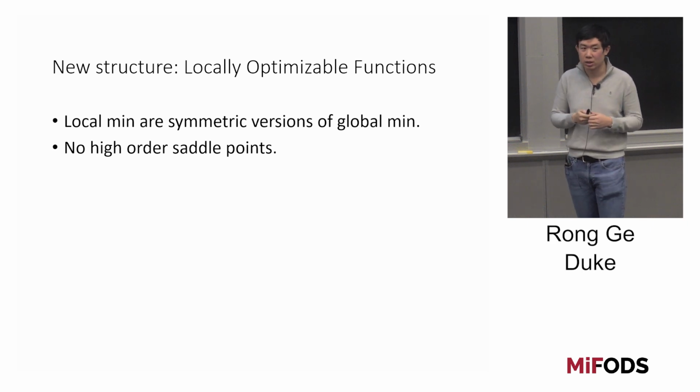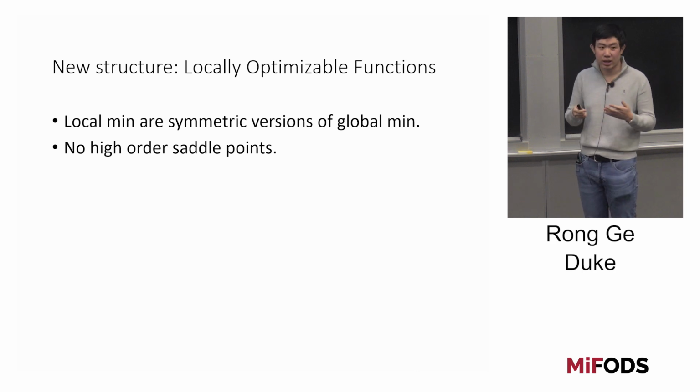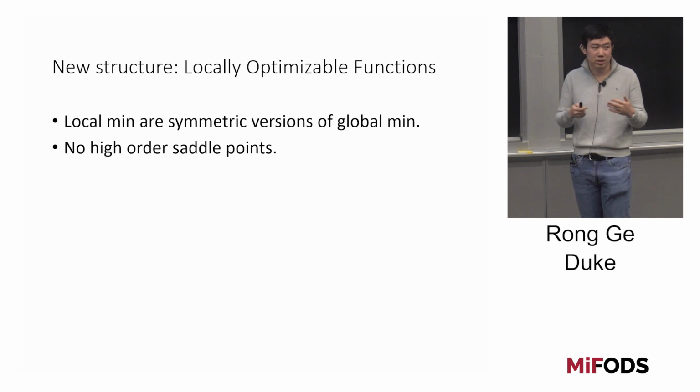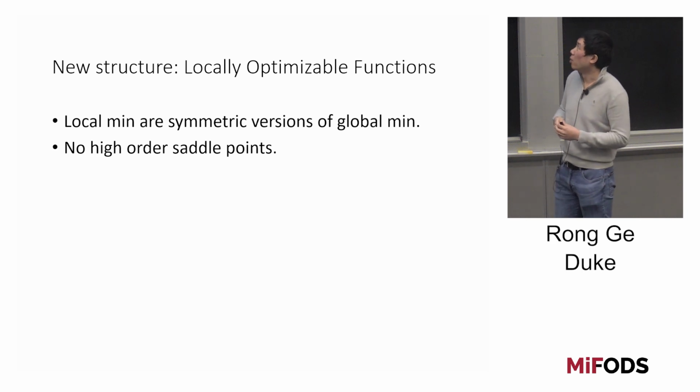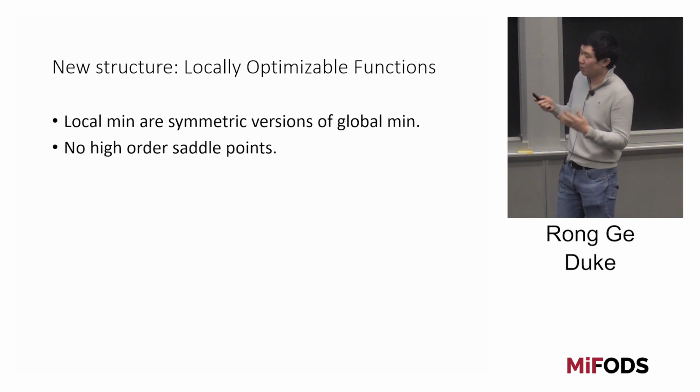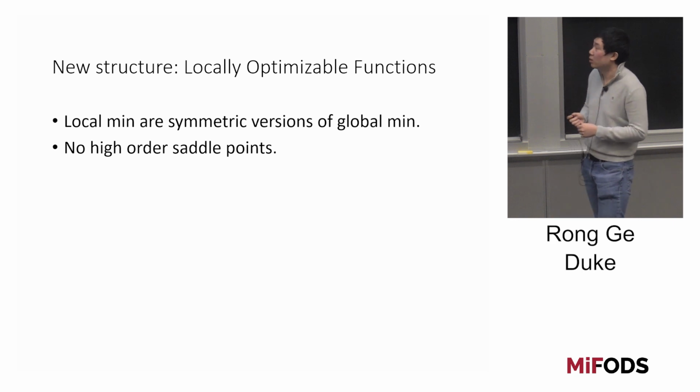High-order saddle points are saddle points that have 0 gradient and also have a positive semi-definite Hessian. So if you just look at the first and second order derivative, you cannot tell whether they are saddle points or local minima. In most cases, most functions do not have high order saddle points.